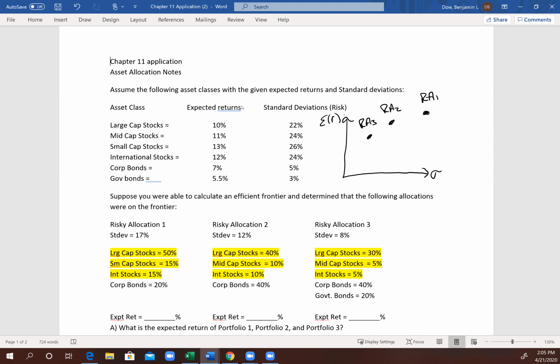And we noticed that the portfolio that contained more stocks and fewer bonds had a higher expected return, but it also had a larger standard deviation.